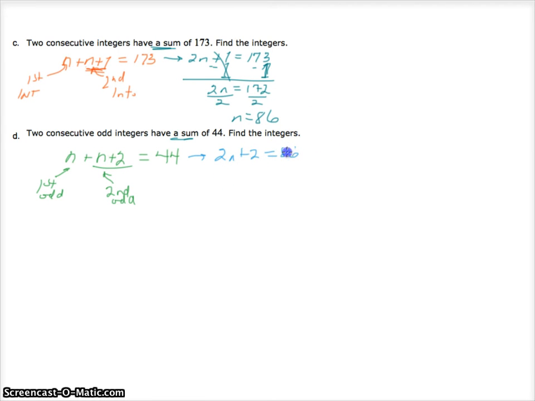Excuse me, I was looking at the wrong problem. I'm going to subtract 2 from both sides. 2n equals 42. Divide by 2. N equals 21. So just remember, set up your first number and then adjust it in the second accordingly. Good luck.